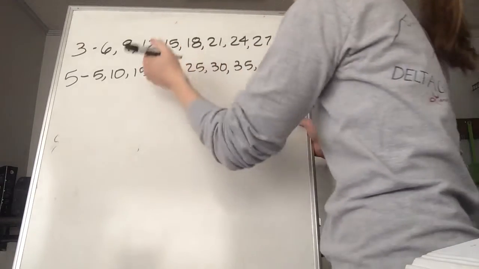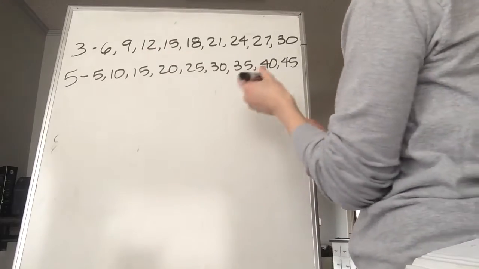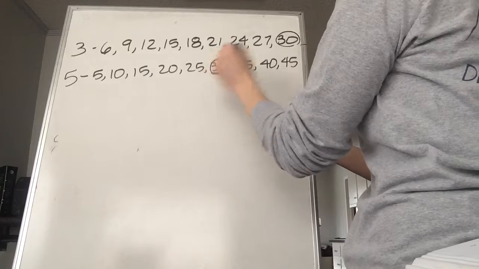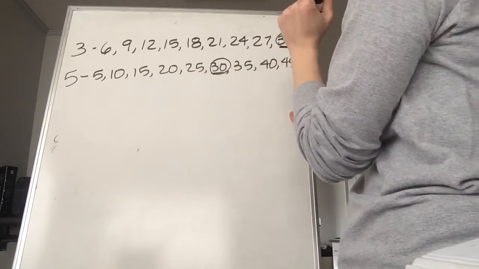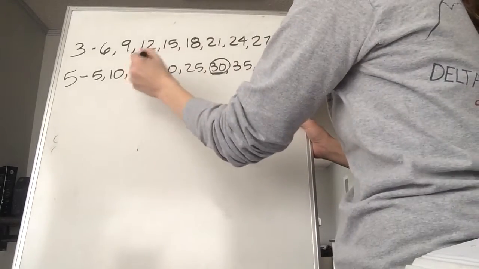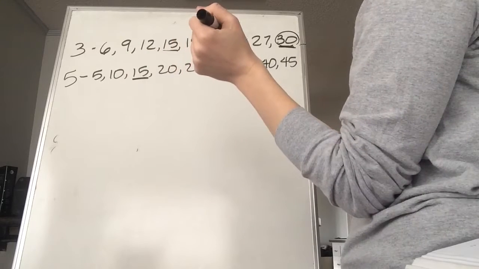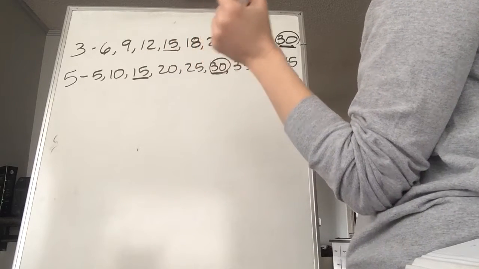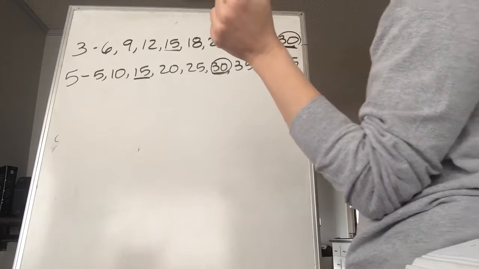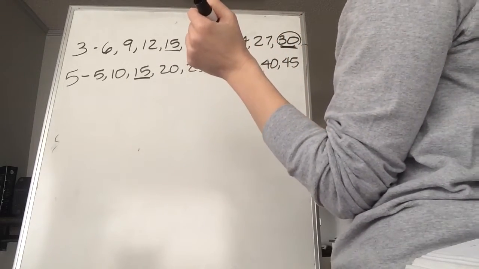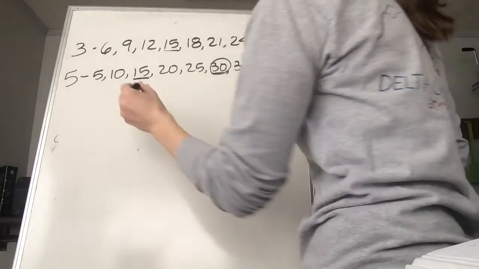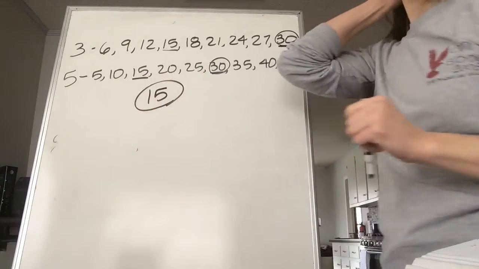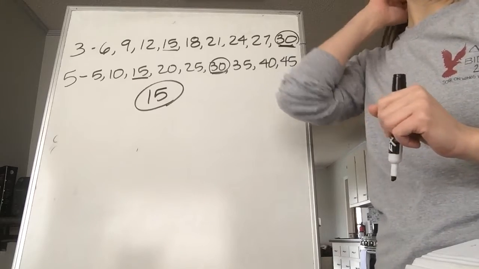Okay, so these are our multiples. What are our common ones? Got a 30 and a 30. I should actually underline these. 15 and 15. And that's all I see here. Okay, which one is the least that is common among both of them? So it'd be 15. So our least common multiple between 3 and 5 is 15.